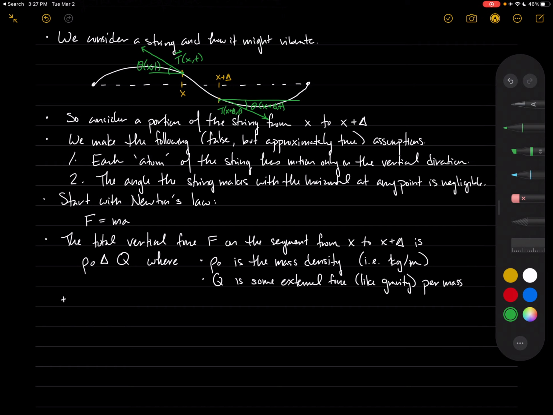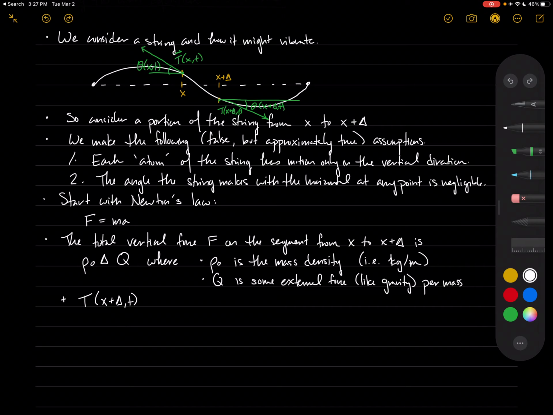These are the internal forces acting on our segment of the string, so we're going to add them into Newton's equation. So we have t of x plus delta,t, and here, as I'm writing it without a little hat, I'm thinking of it really just as the magnitude of the force.